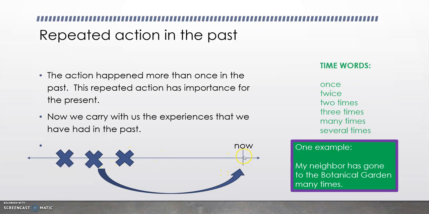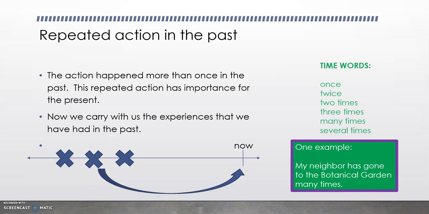That means that my neighbor is still alive. My neighbor has knowledge of the botanical garden. If I've never been there and I'm thinking about going, she would be a good person to talk to.